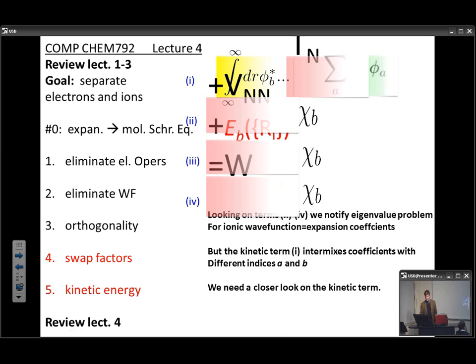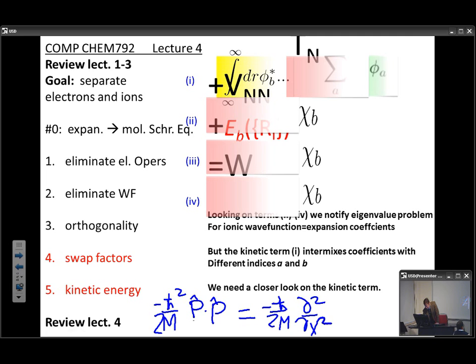And for the kinetic term, the first term that is not simple, we should realize that we have an operator of momentum squared, and realizing that each p operator is a derivative, we should look at the second derivative of the electronic wave function.